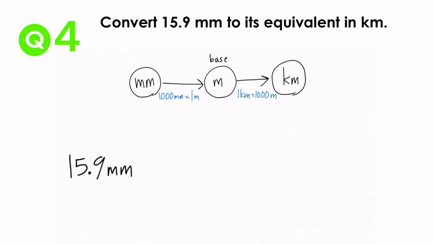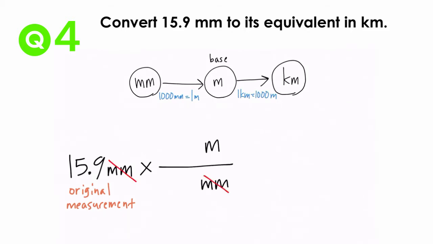Starting with 15.9 millimeters, which is the original value, we want to get rid of millimeters and convert it to meters. So what's the relationship? 1 milli is 0.001. Or if you're like me and prefer whole numbers, you can do 1000 millimeters is 1 meter.